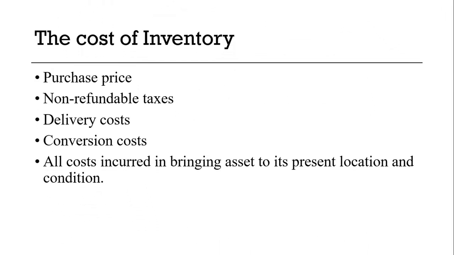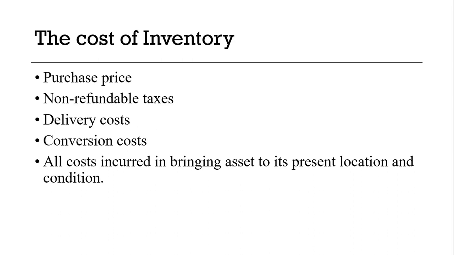Now, when we say inventory should be measured at the lower of cost and net realizable value, we want to go into the details of what makes the cost of inventory. So this includes the free on board price, purchase price, non-refundable taxes, delivery cost. We have got conversion costs.